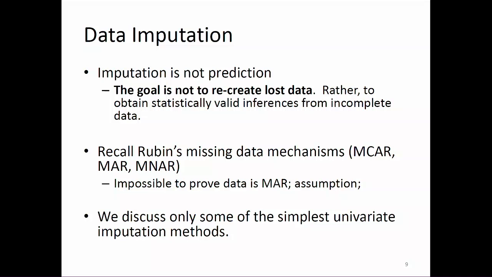Rather, even though we've got incomplete data, even though we've got missing data, we want to be able to obtain valid conclusions and build valid models that are interpretable in the presence of missing data. It's not about filling in the blanks. It's about having tools that let you deal with the presence of missing values.